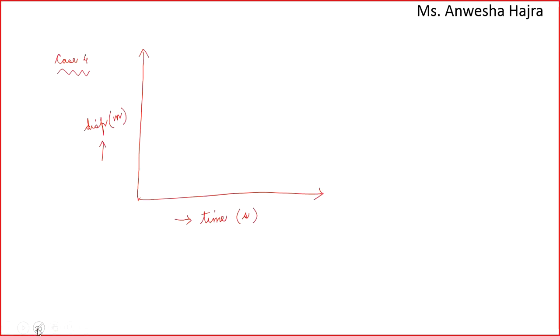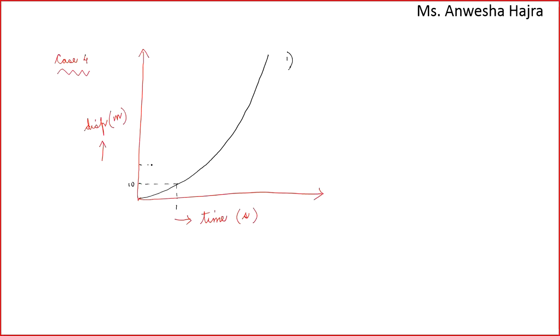Say you have a graph like this. Strange, how do we do? Here children, you can see with time displacement is increasing. Say this is 1 second, displacement is 10.